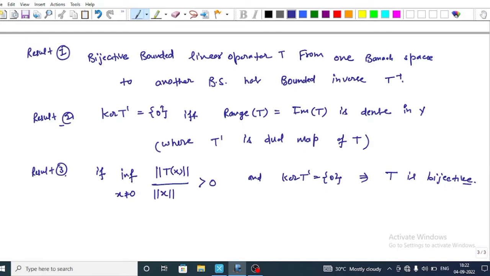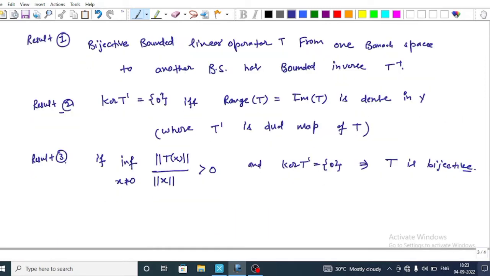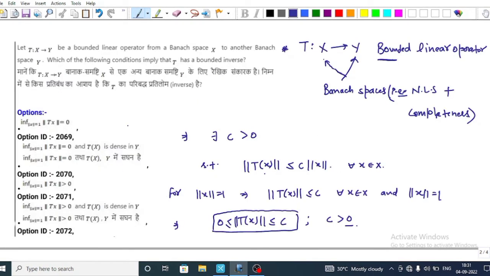Now, from the given options, in the question we have: which of the following conditions implies that T has a bounded inverse?